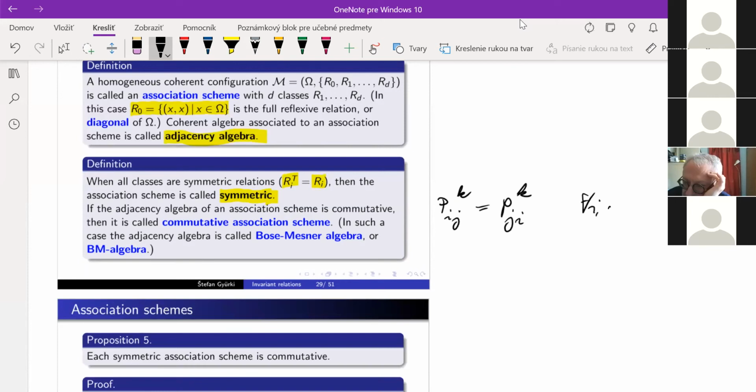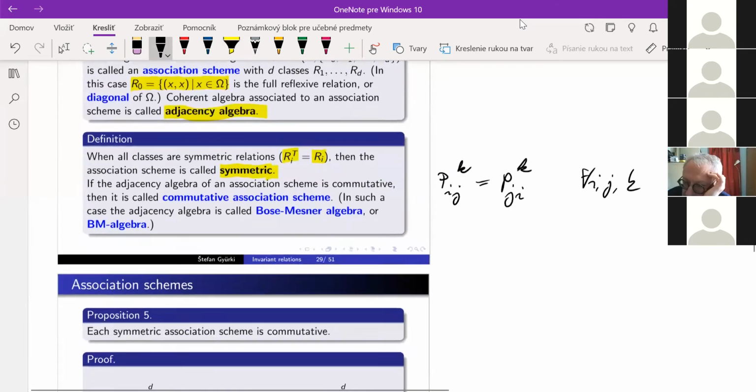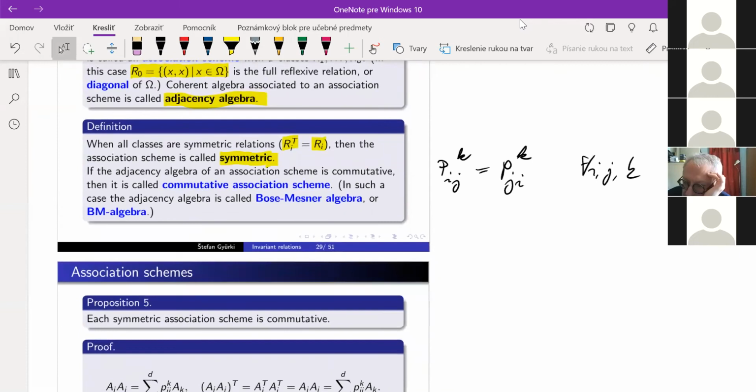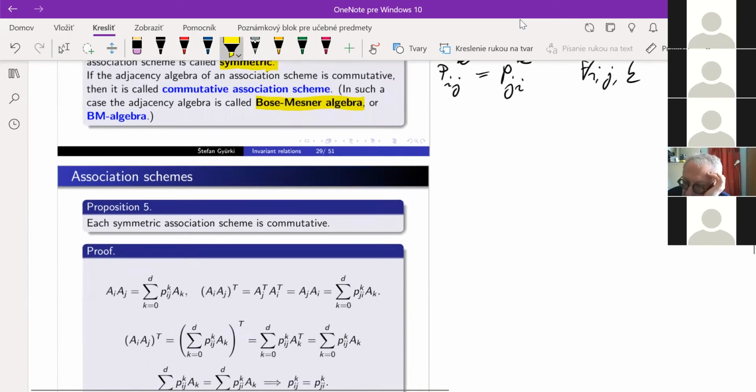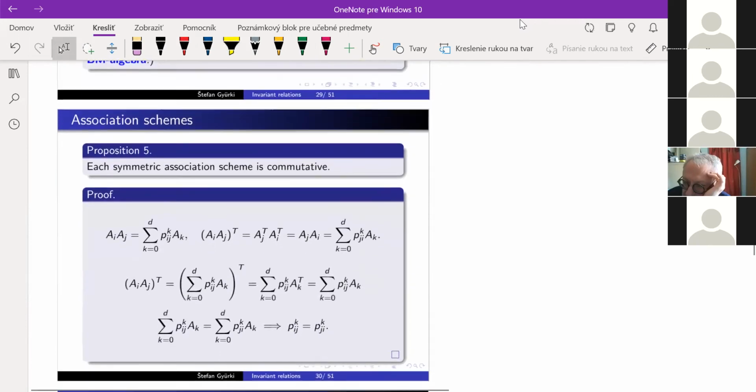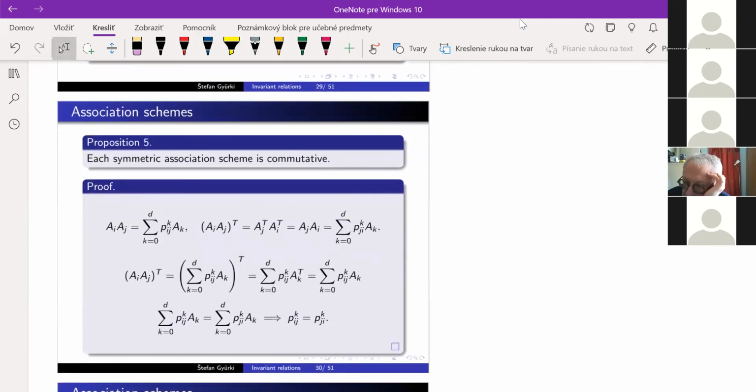So this is commutativity of association schemes, and in such a case, we will call the corresponding adjacency algebra Bose-Messner algebra, or shortly BM algebra. And it is easy to see that whenever we have a symmetric association scheme, then this association scheme should be also commutative.